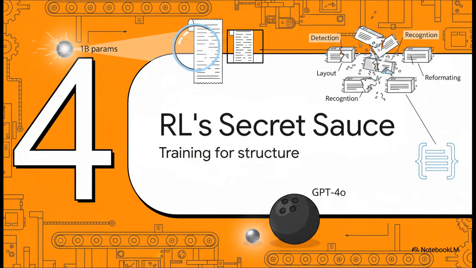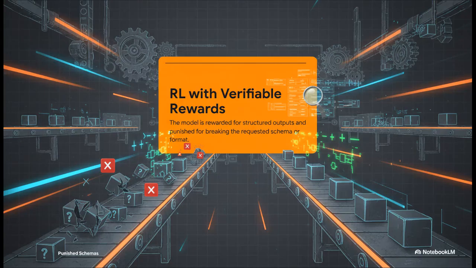But wait, how on earth does a small 1B parameter model get so good at generating perfect, structured data? The magic isn't just in the size or the architecture, it's the secret sauce in how they trained it. They used a pretty brilliant technique called reinforcement learning with verifiable rewards. You can think of it like a really strict training program.